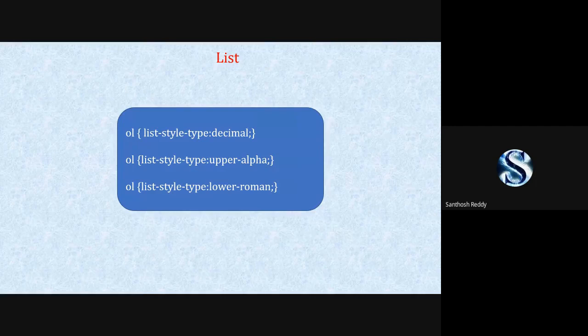Next, if I want to specify for your ordered list, to specify for the tags with your CSS, you have to make use of OL, open curly braces, decimal, upper alpha, and like this. If you want to specify for your unordered list, you have to use UL, open braces, list-style-type colon.